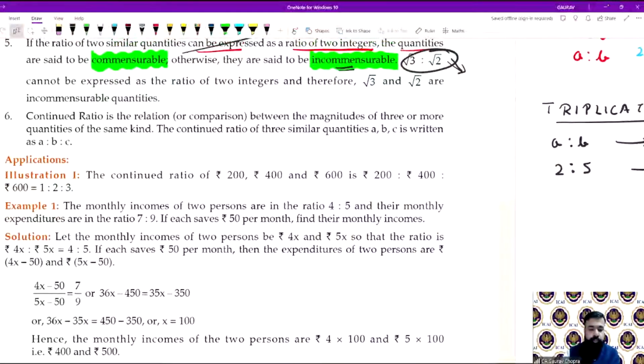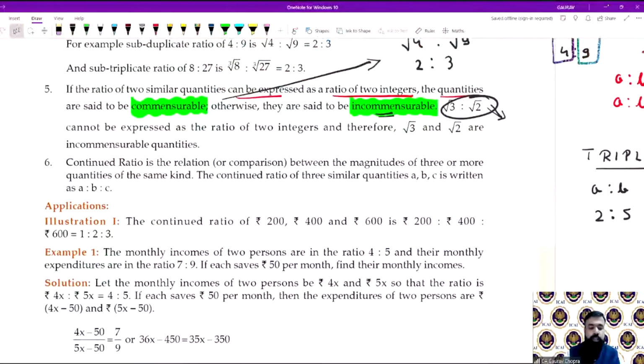So the next one, point number 6, continued ratio. Continued ratio is the relation or the comparison between the magnitudes of three or more quantities of the same kind. The continued ratio of three quantities can be written as A ratio B ratio C. You might have read this in your partnership chapter in accountancy. Like, there are three partners having equal ratio, then we write 1 ratio 1 ratio 1.